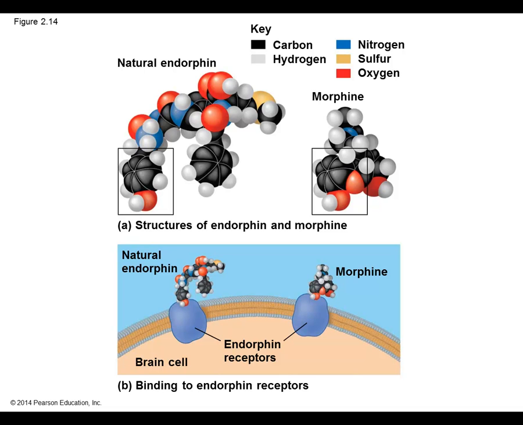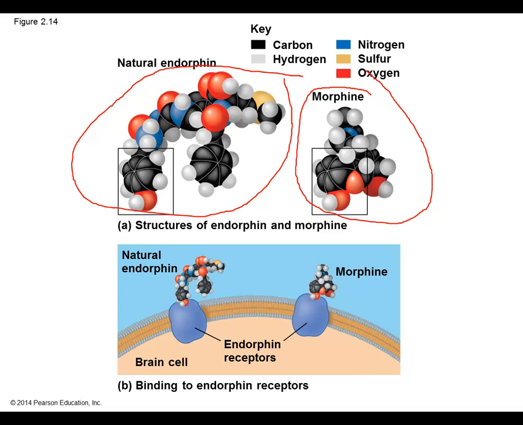In this case, the synthetic molecule morphine affects pain perception and emotional state by mimicking the brain's natural endorphin molecule. So here's the synthetic morphine, here's the natural endorphin. Notice the box area, they have a similar structure, and both of these structures can bind to the same cellular receptor, and that will produce similar biological effects.